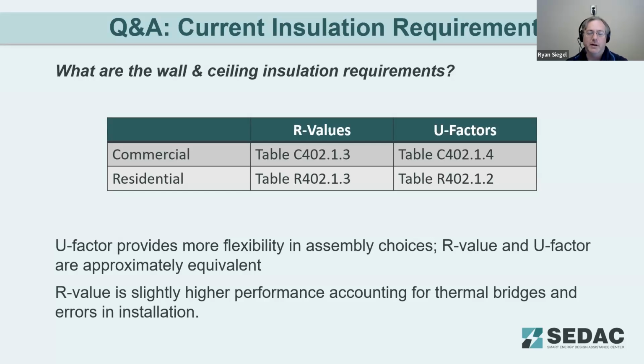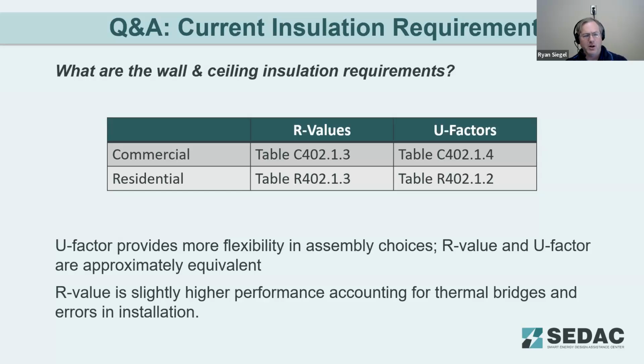R value oftentimes has slightly higher performance, accounting for some of the thermal bridges and errors in installation. But either of these methodologies is acceptable. This is oftentimes what we encourage people: if you're having difficulties, you're looking at the R value and you say, well, I'd like to build an assembly that's a little bit different than what the assembly needs to be, then that's where U-factor is beneficial.